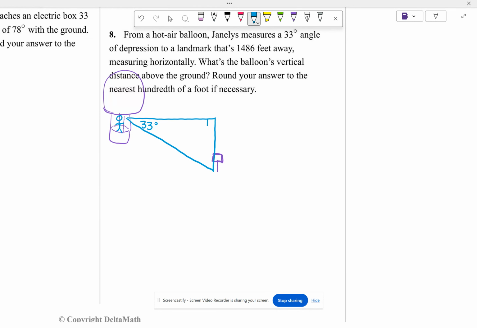Make it a right triangle. Measuring horizontally, the landmark is 1,486 feet away. Measuring horizontal, so go for the horizontal distance. What is the balloon's vertical distance above the ground? So vertical, what is the vertical distance?